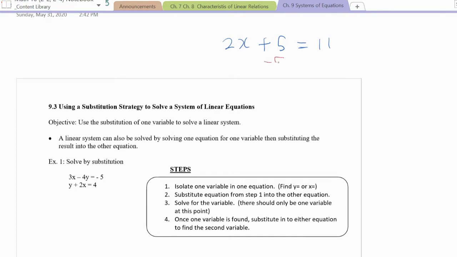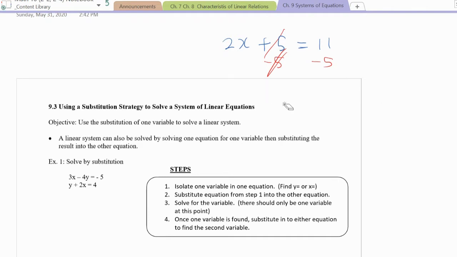So you basically subtract 5 from each side. This will be gone. Then 2x will be 11 minus 5. That is 6. And you divide both sides by 2 because you want to get rid of this 2. So x equals 6 divided by 2, which is 3. This is how you solve a two-step equation.